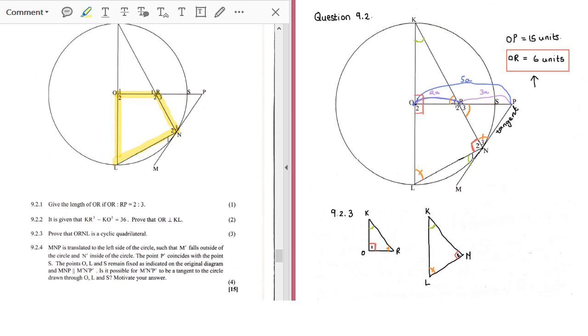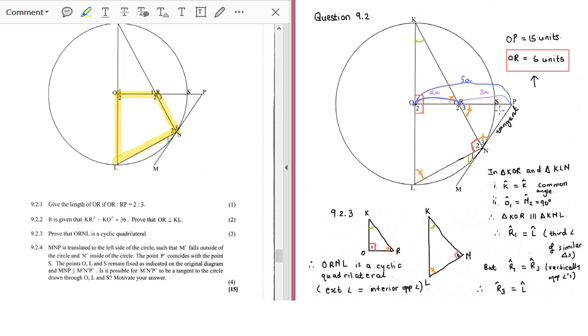So because angle R1 is equal to L, angle R3 is also equal to L. So we prove that this is a cyclic quad, based on the fact that the exterior angle is equal to the interior opposite angle.